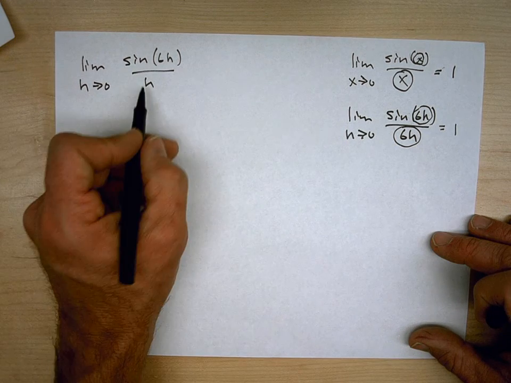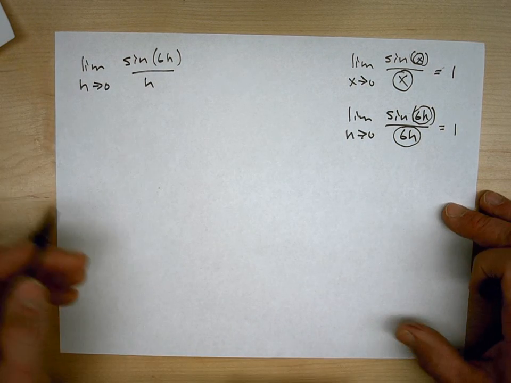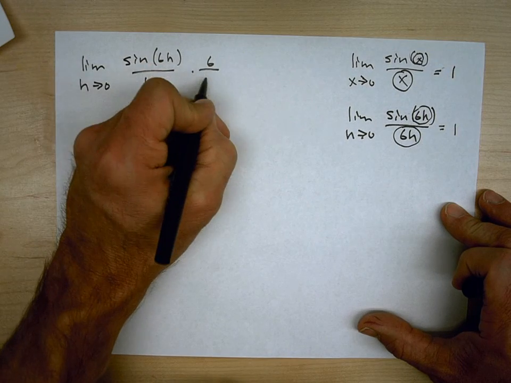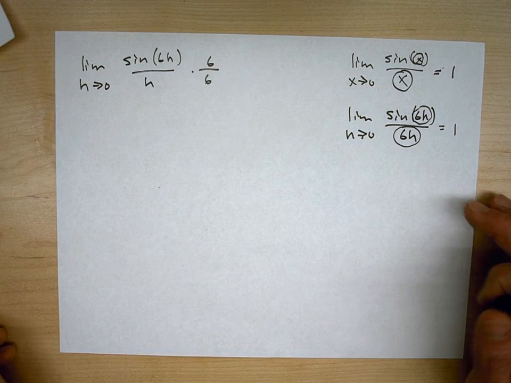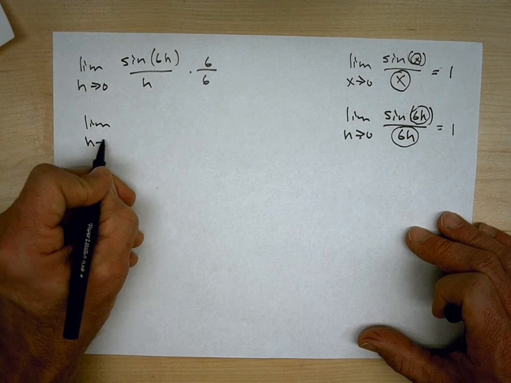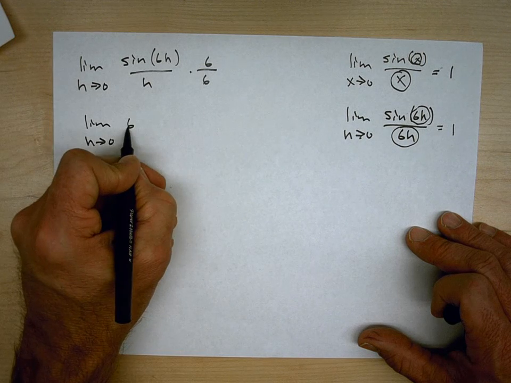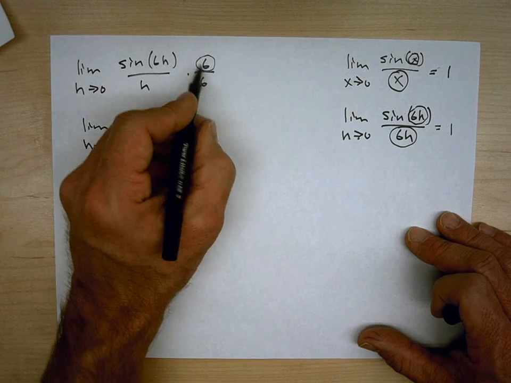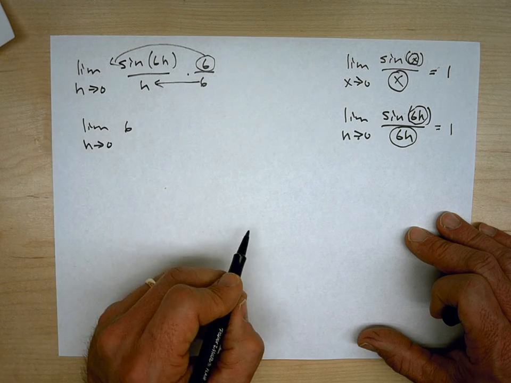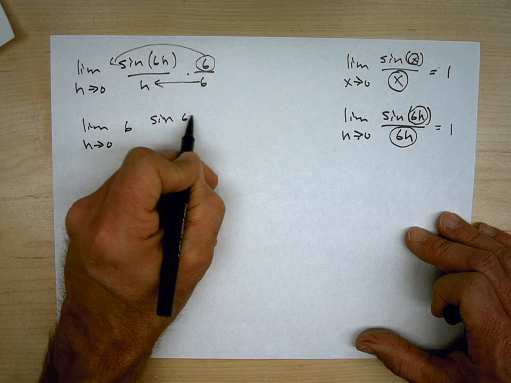So unfortunately, we can't just write a 6 down here, because that's a different function than what we're dealing with. But we could multiply by 6 over 6, because that's equivalent to 1. So let's go ahead and distribute that. I'll bring this 6 in the numerator out front, and I'm going to multiply this 6 times h. So then I would get 6 times sine of 6h.